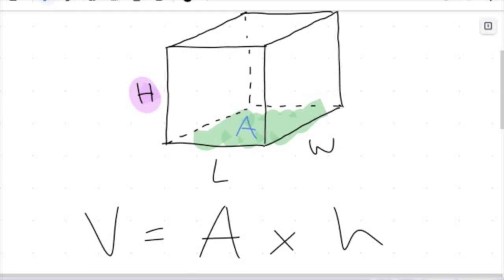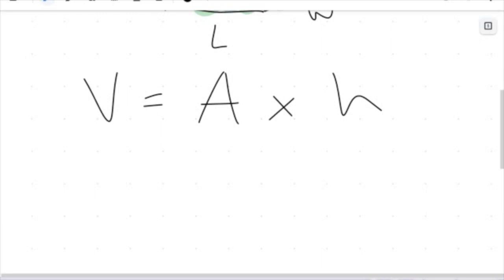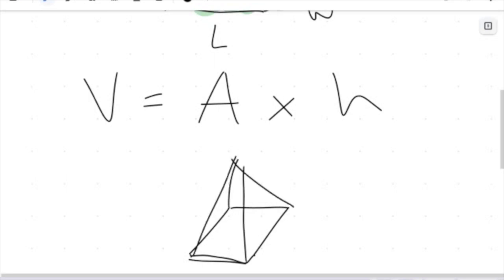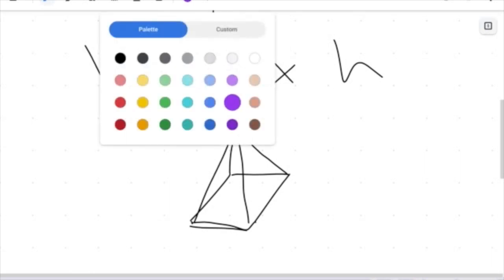Now let's move on to actually looking at pyramids, because pyramids like this, for example, we call these square pyramids. And a pyramid just changes based on whatever the base is going to be. Now, our pyramids have some type of height.